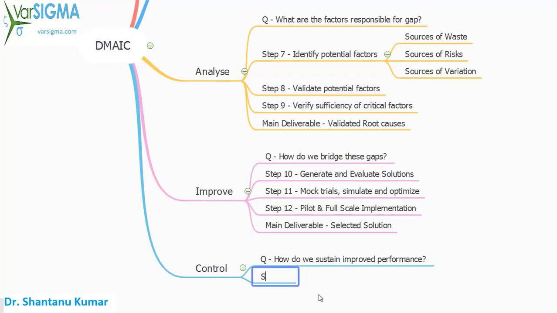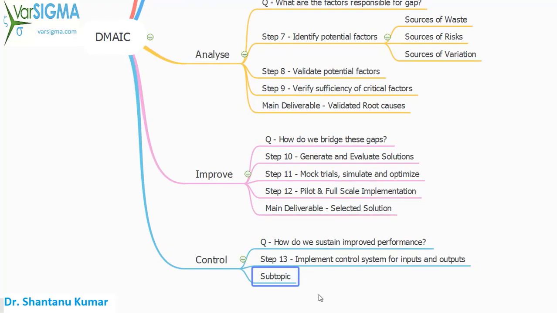In control phase, our first step is to implement an effective control system for inputs and output. The control system will support the process owner in sustaining improved performance. To facilitate learning from our experience of this project, we will document lessons learned and explore opportunities to replicate the best practices in other processes or functions.